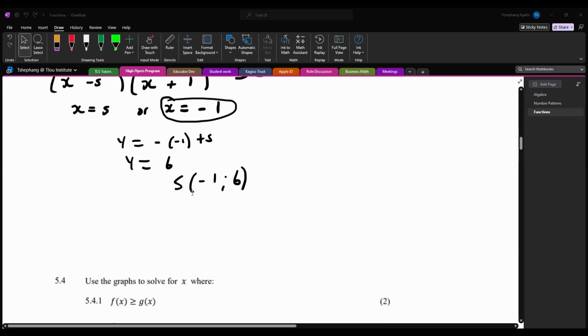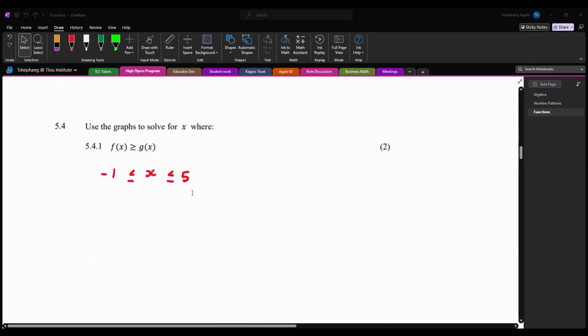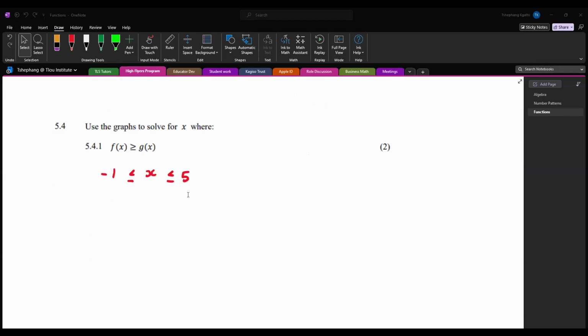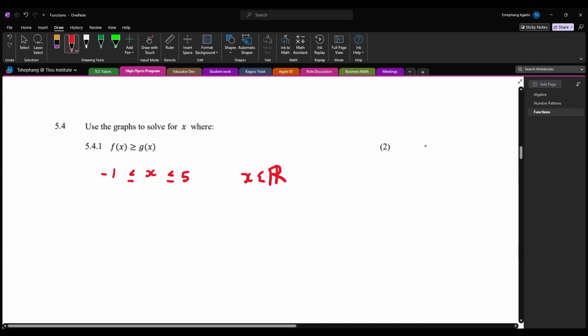Okay, cool. Sorry, just very, very important also with 5.4, that they must either do set builder notation or interval notation. So it's important that if you're doing set builder notation like that, you must specify the type of number, that X is an element of the real numbers for it to be a complete answer. So you can then say X is an element of reals like that.